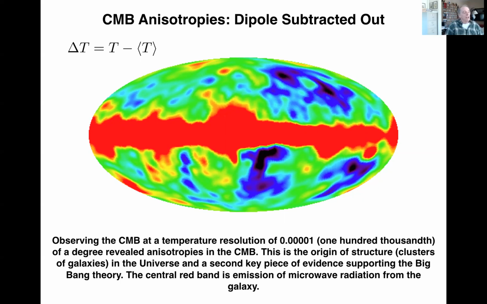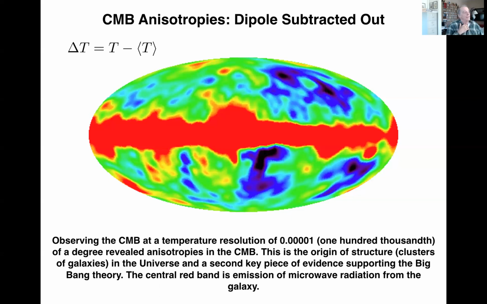And you have to look at it with a resolution of 1 in 100,000. So we're looking at a change in temperature. If you look at the upper left there, what we're looking at in these all sky diagrams is a difference in temperature from the average. The average is 2.728 degrees.